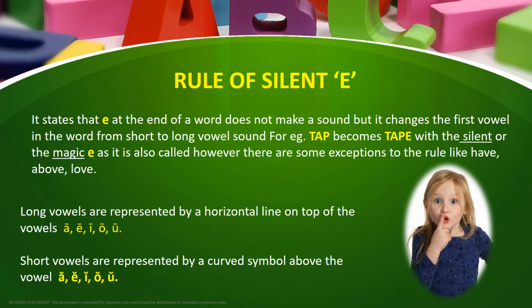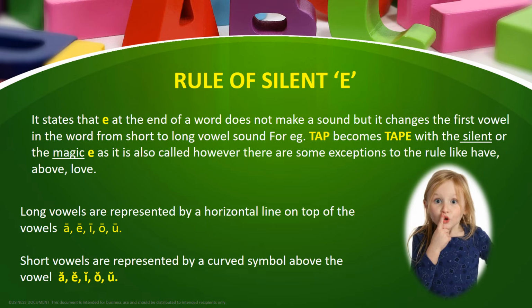If I has a curve on top of it, then it will be pronounced like a short vowel, kit. So it is not kite, K-I-T, kite. No, it is K-I-T, kit. So I is not sounding like I itself. I is sounding like E, kit. So it will be represented by a curve on top of I.